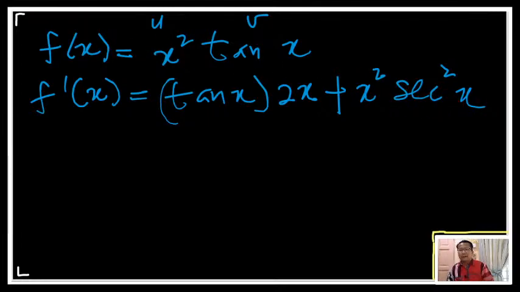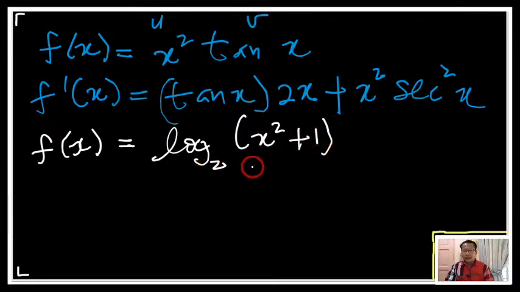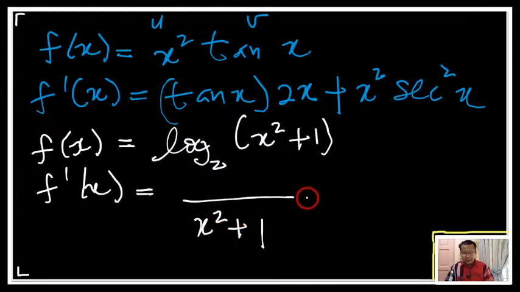Next is log. So let's say you have f(x) equal to log base 2 of x squared plus 1. You need to memorize the formula. For log, the derivative is equal to, first you copy, and then you differentiate, find the derivative of the inner function and put it here.